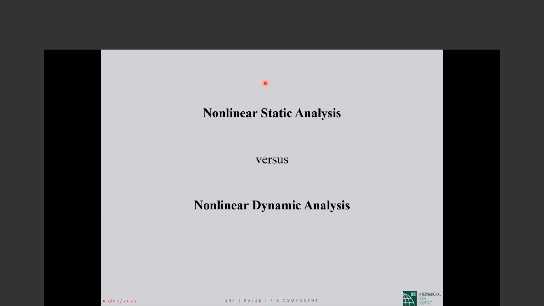So, sensitivity to input. Therefore, nonlinear dynamic analysis is mainly used when you have the record.